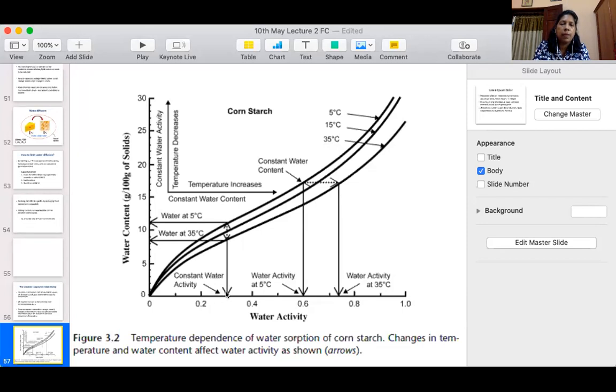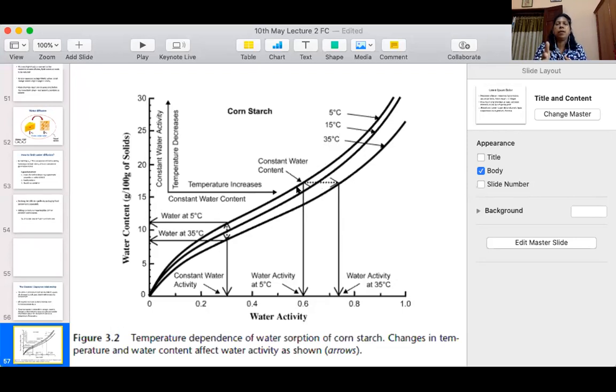When you draw a line parallel to the y-axis, you can see that at 35 degrees centigrade the water content is lower compared to 5 degrees. At 5 the water content is higher, but the water activity is the same. In this way you can get some idea, and also in the other way.